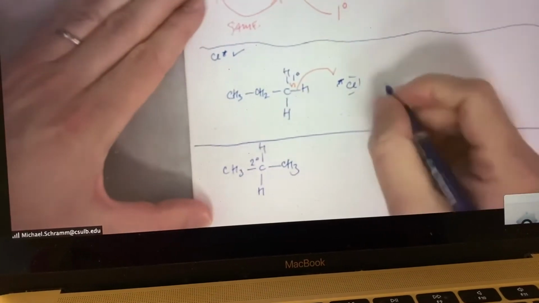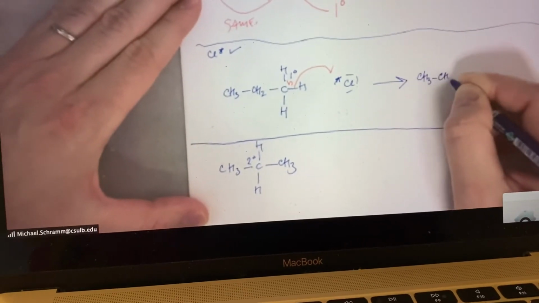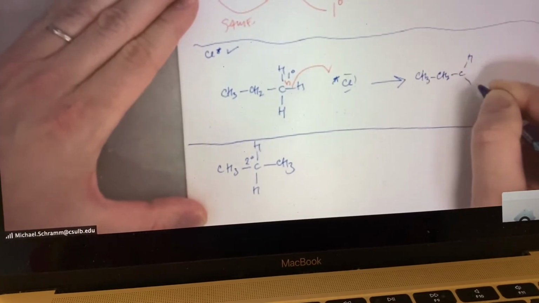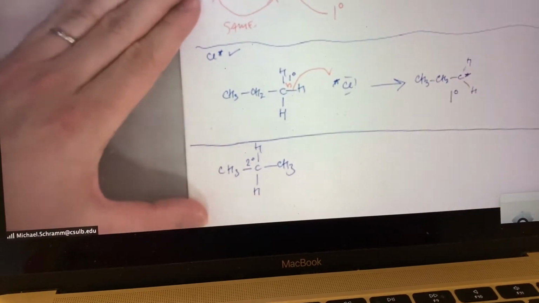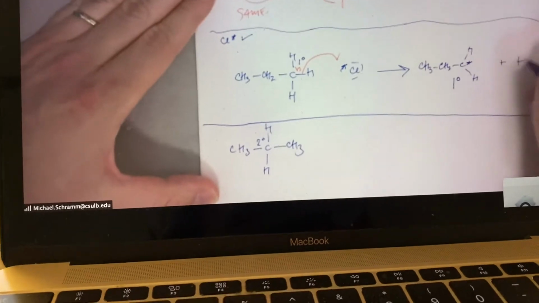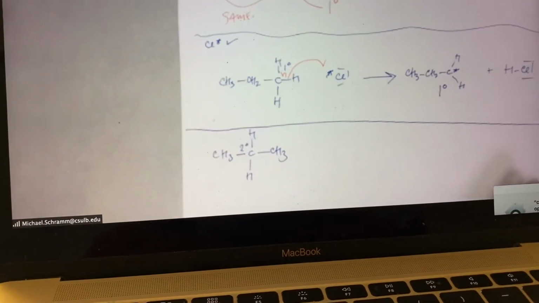And we know that this would lead to a primary radical plus HCl. Okay, so this would be the first propagation step of propane.